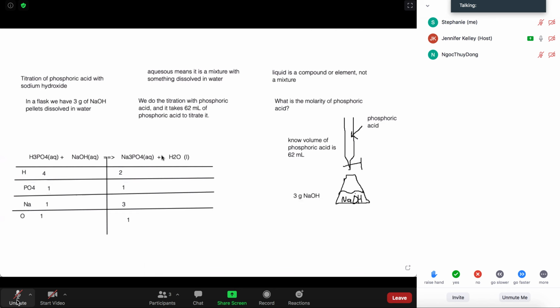All right. So to do that, we've got 4 hydrogen on the left. So I need 4 on the right. So to do that, I need to recount everything. So it's going to be 4, 1, 3, and 2.